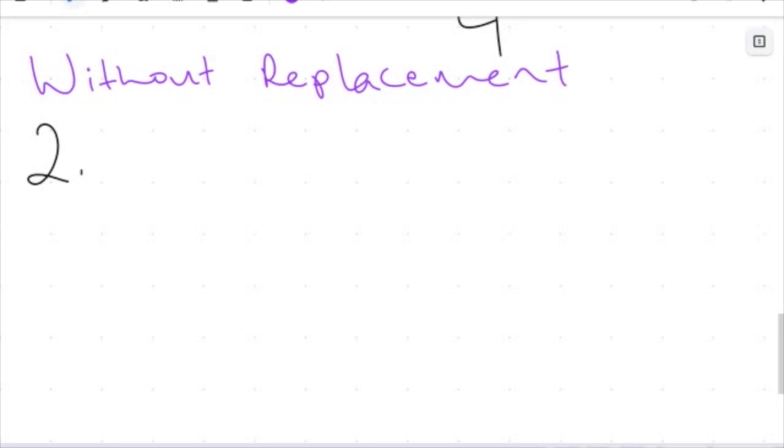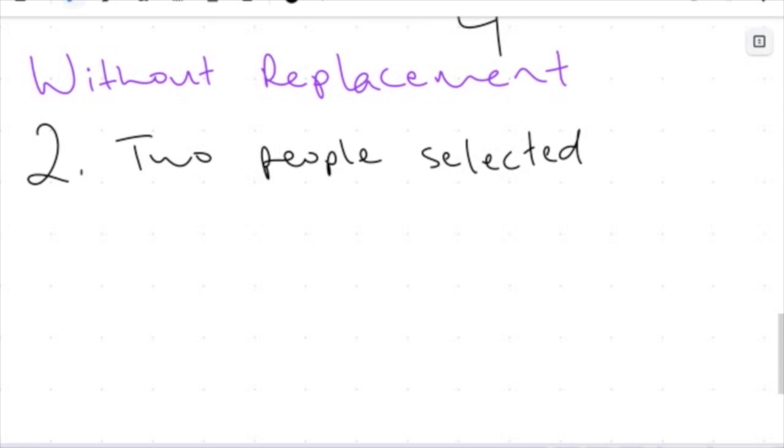So, let's say 2 people are selected out of a group of 3 without replacement.